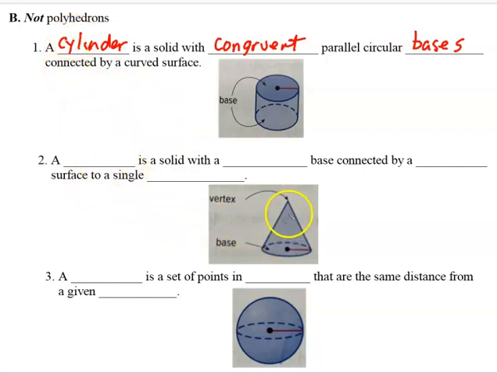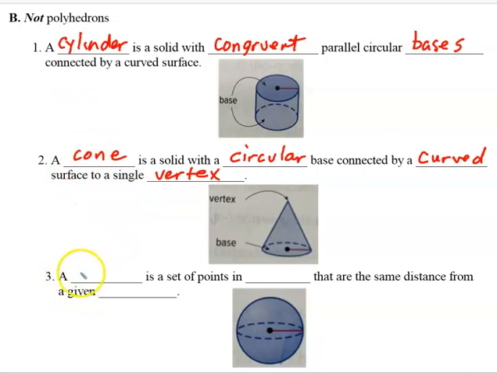And then we have our next shape. It's called a cone. It is a solid with a circular base connected by a curved surface. You can see the base down here at the bottom, the curved surface all the way around to a single vertex. All right, also not a polyhedron.